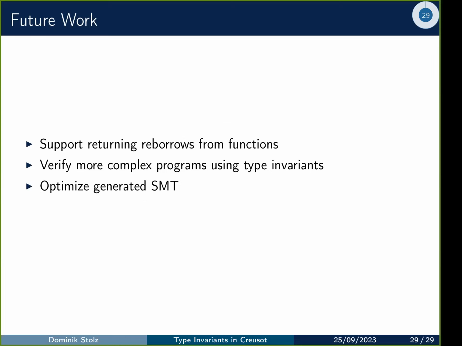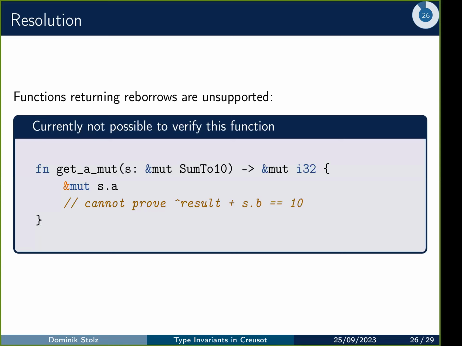Okay, so future work for type invariants in Creusot is that we want to support returning reborrows from functions, like that example.